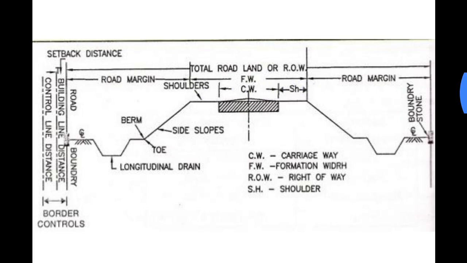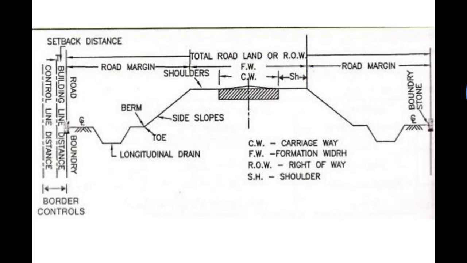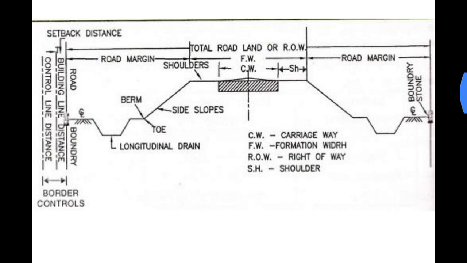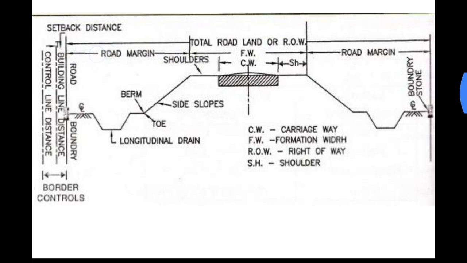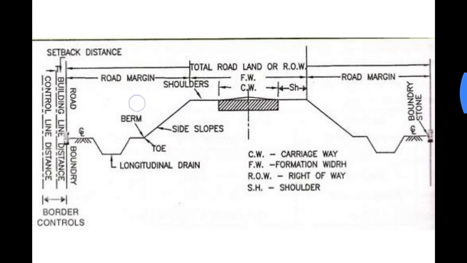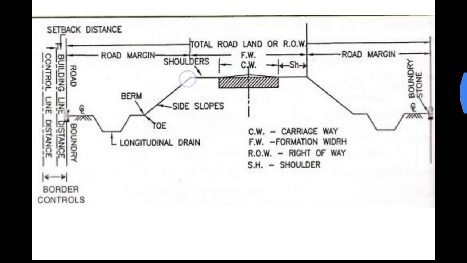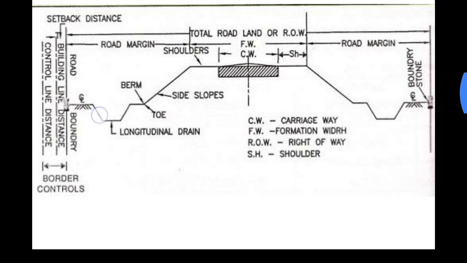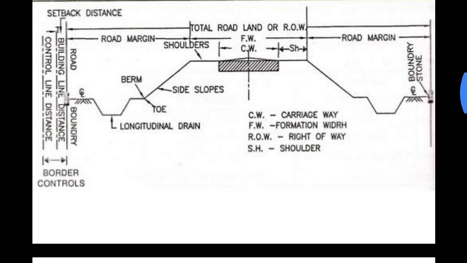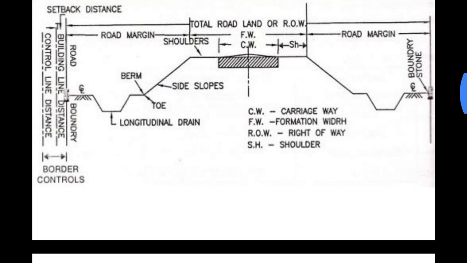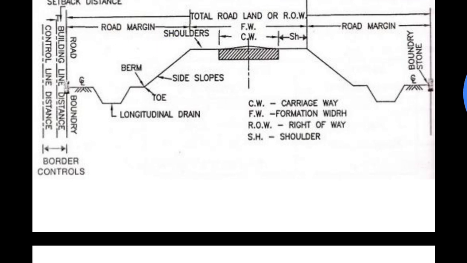Then moving to the sides, we have road margin. The road margin includes the road slope in case of embankment, the berm, longitudinal drains if provided, and if there are any cycle tracks or footpaths provided, then they are also included under the road margin.